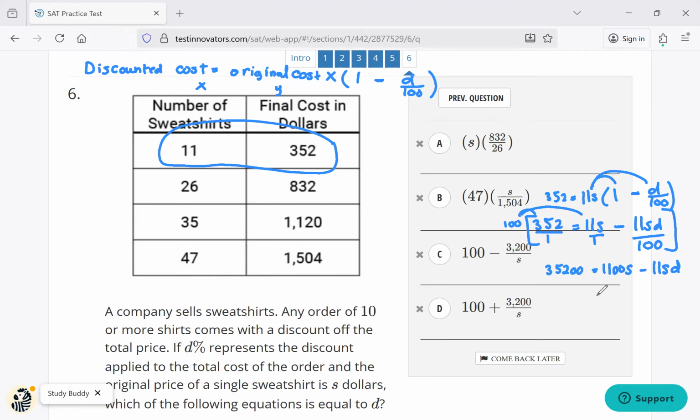And then I want to solve for D. So what would I do next? I'm going to move this 1100S to the left by subtracting 1100S. So that's 35,200 minus 1100S equals negative 11SD. Then maybe I would get rid of the negative 11 by dividing everything by negative 11.